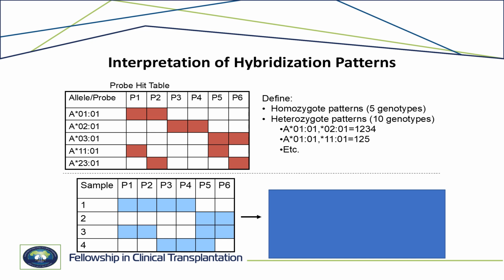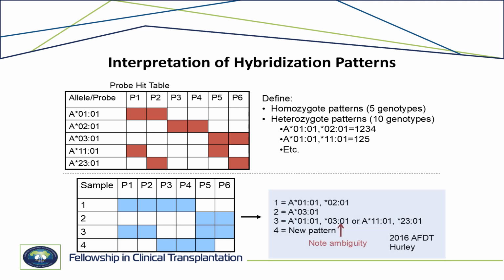And let's remove the blue box to see the result. So as I mentioned, sample 1 is straightforward, sample 2 is straightforward, and when we look at sample 3, it tells you it could be A0101 and A0301, but also it could be 1101 and 2301.